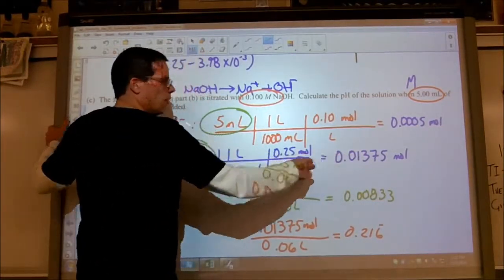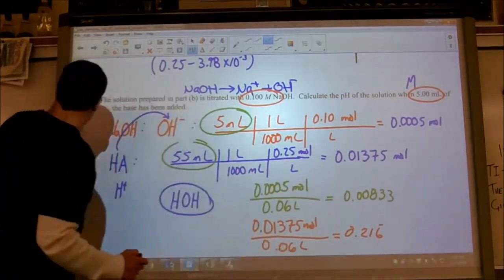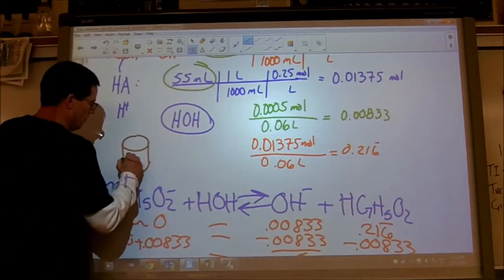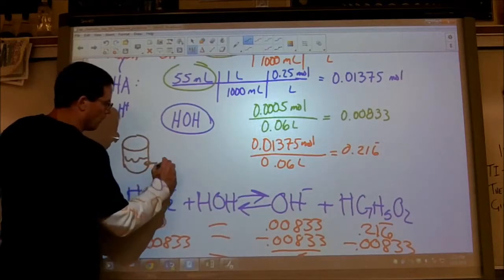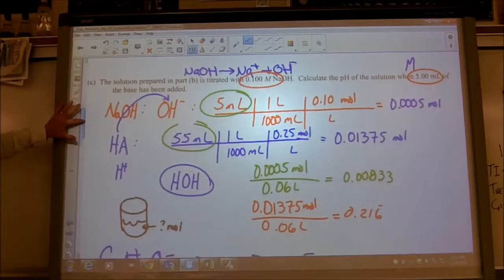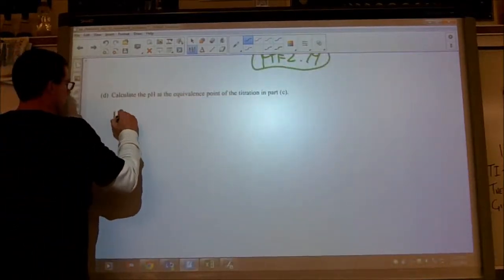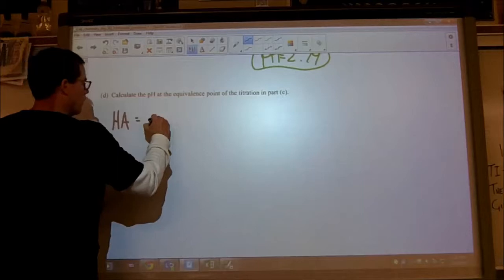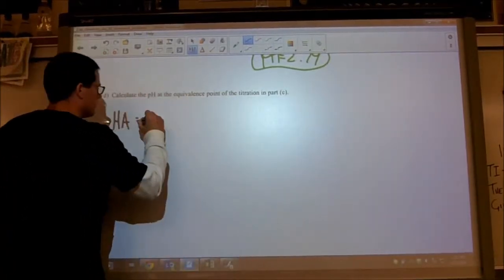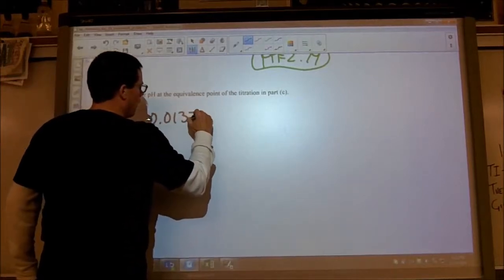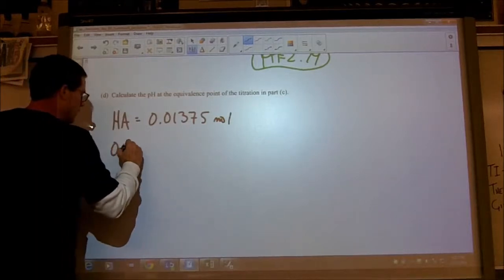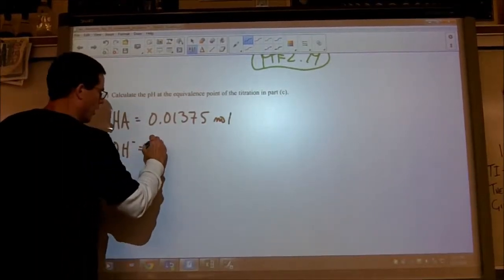Right. So in other words, when we look at it, we're trying to ask ourselves, okay, when we prepared our acid initially, how many moles did we have in there? 0.01375. There you go. So at the equivalence point, if we know that our HA is equal to 0.01375, then our sodium hydroxide, or our OH, needs to be the same thing.